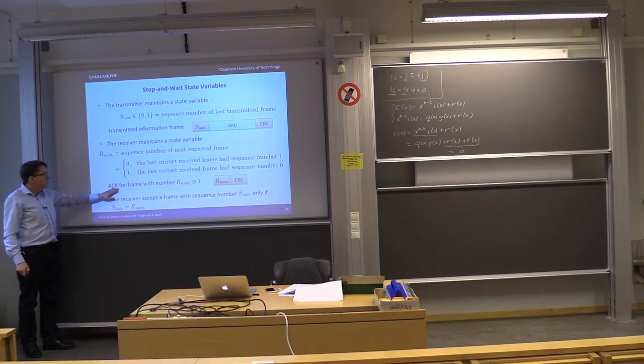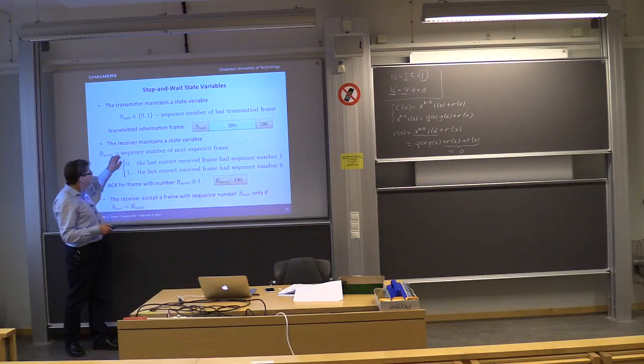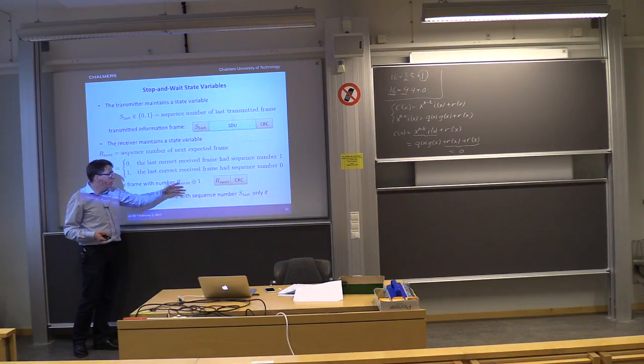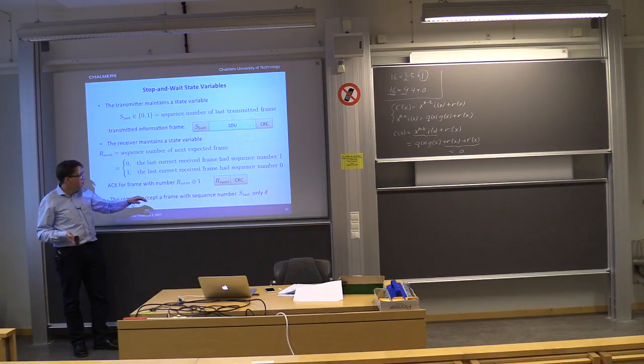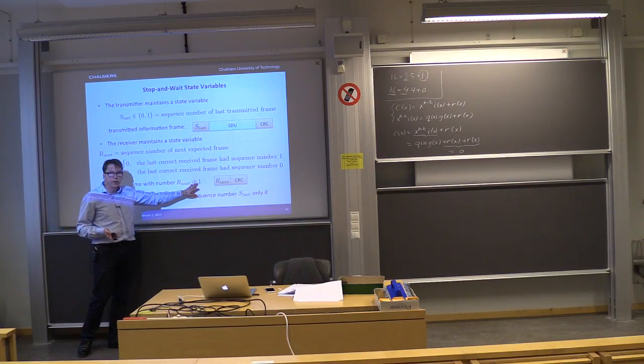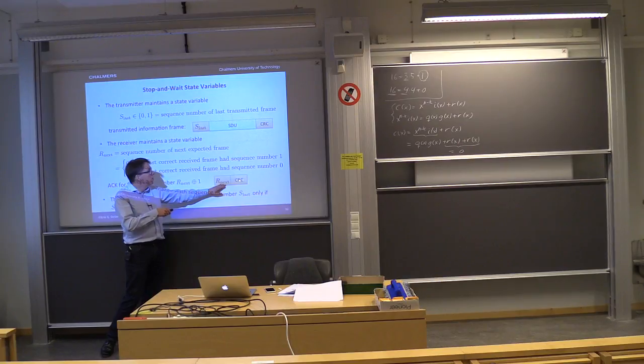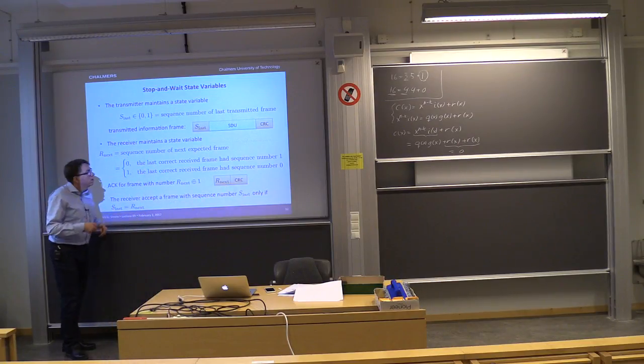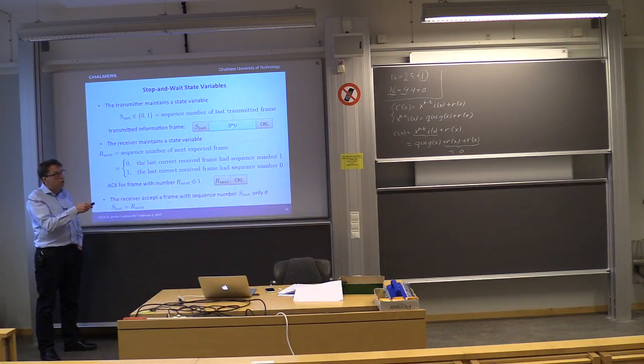The acknowledgement we send back will inform the transmitter of the receiver state variable, R next. For reasons which will become obvious, we actually invert that bit. I'm sorry, the frame that we are actually transmitting is the sequence number, the frame, and then the CRC bits.